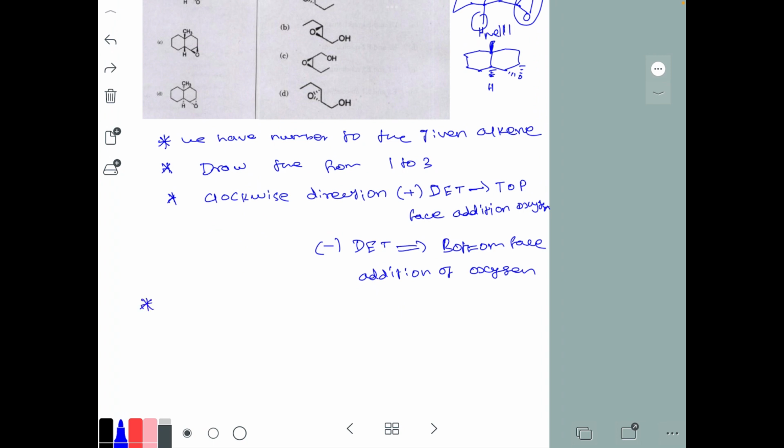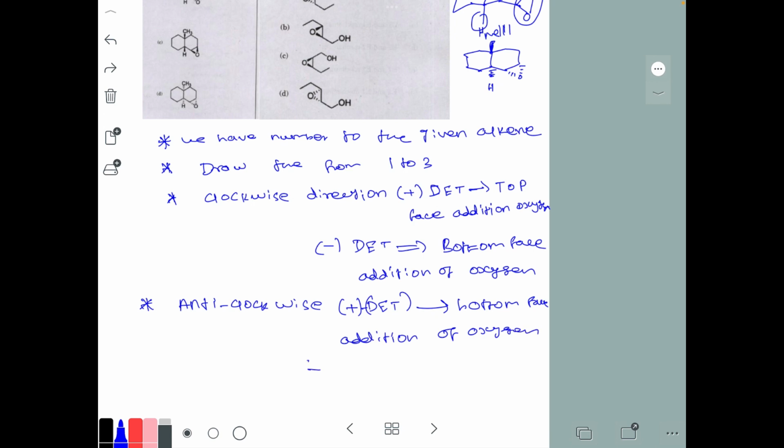If the arrow is anti-clockwise, the plus diethyl tartrate allows bottom face addition of oxygen.